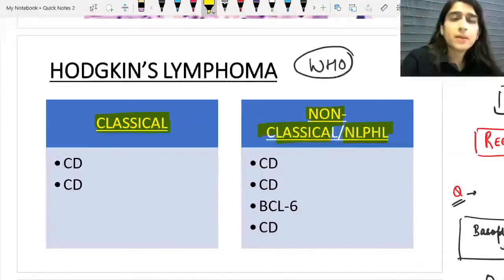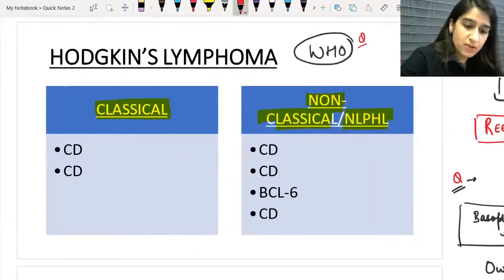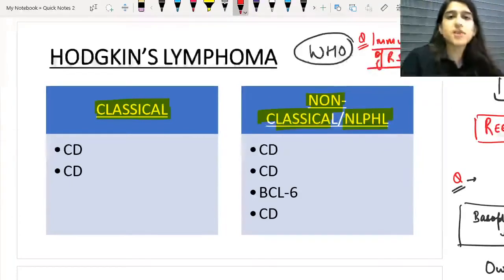A very important MCQ: what is the basis of this differentiation? The answer is the immunophenotyping of the RS cells.